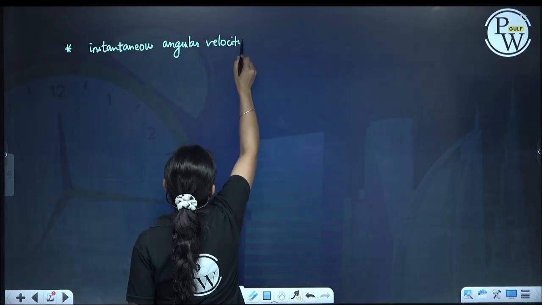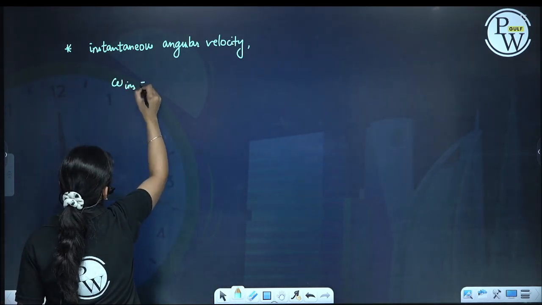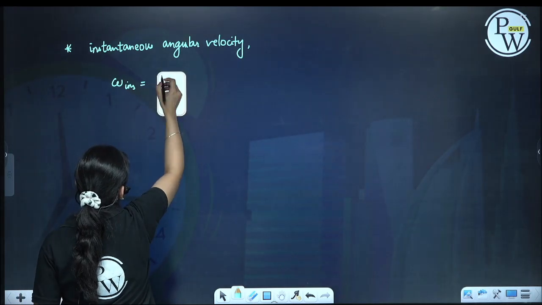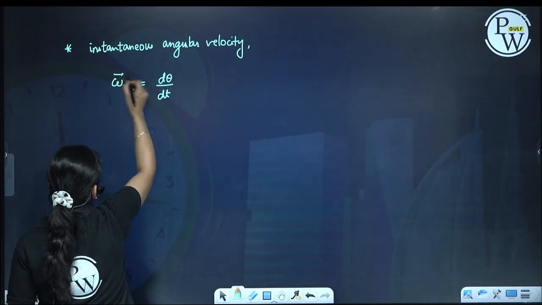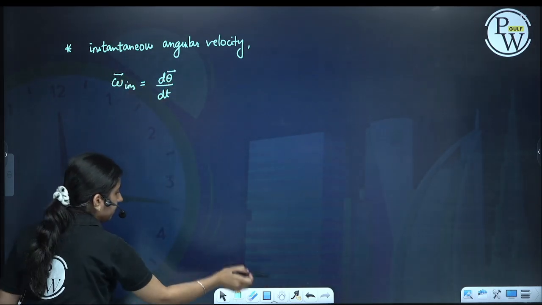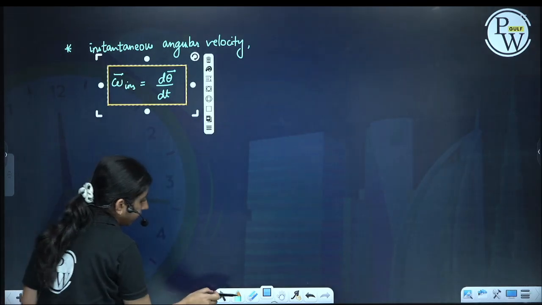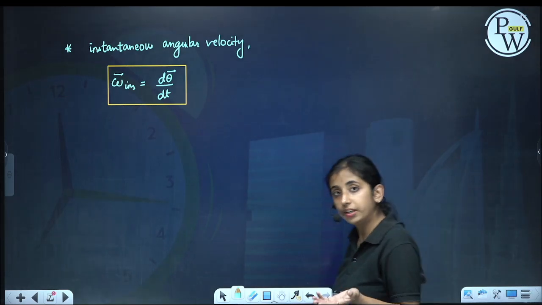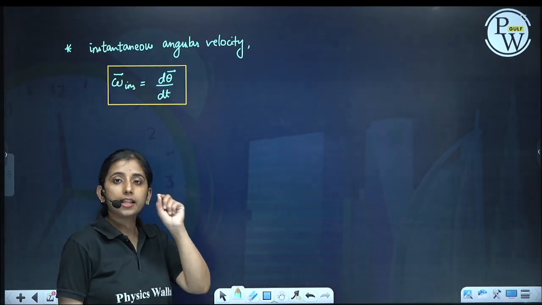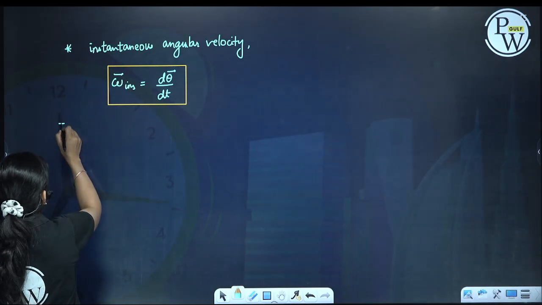Instantaneous angular velocity omega will be equal to d theta by dt. It is the small change in the angle divided by the small time taken.